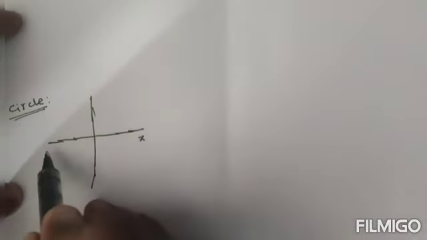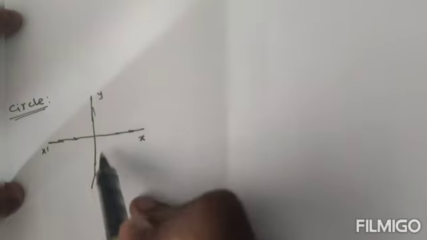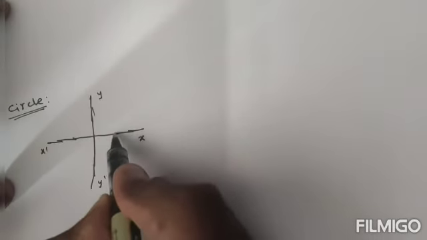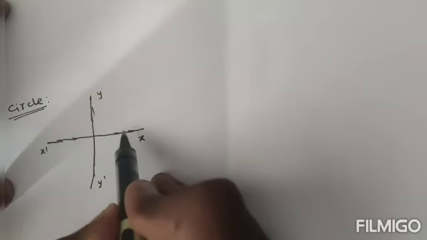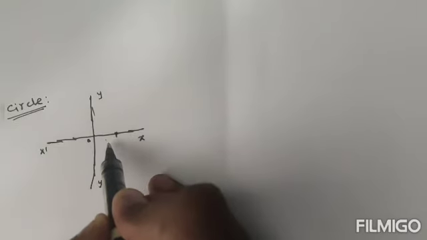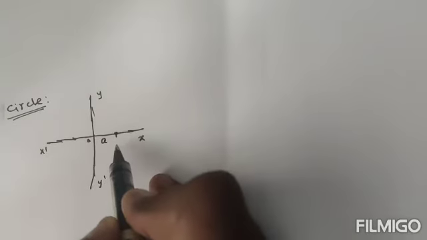Let's see the circle. So here now x dash, y and y dash. Let us imagine we put one point, and the distance from the origin is a, the radius.